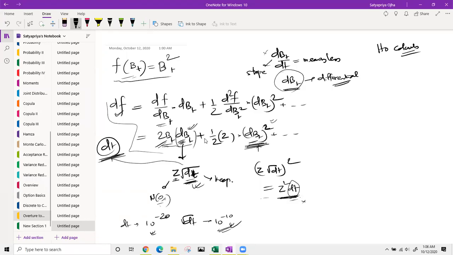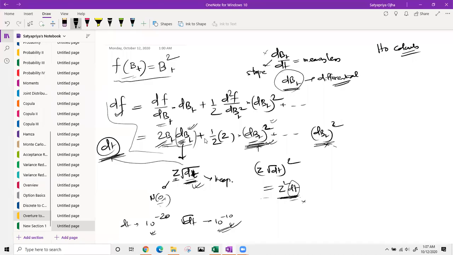So in stochastic calculus, the key difference between ordinary calculus and stochastic calculus is these higher powers, especially this term dbt square. This is the culprit. You cannot ignore this term. Now, if you simplify, this term becomes much simpler, and it is very surprising.